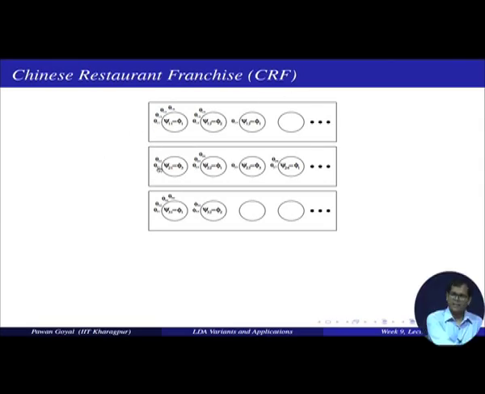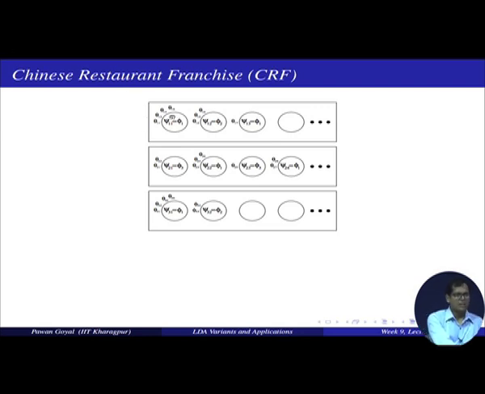Next, in the second restaurant, the first table chose dish phi-3, the second table phi-1, the third table phi-3 and so on. So it has certain different choices. And then in the third restaurant, the first table chose phi-1, the second table chose phi-2 and so on. Now you are also seeing the customer assignments.